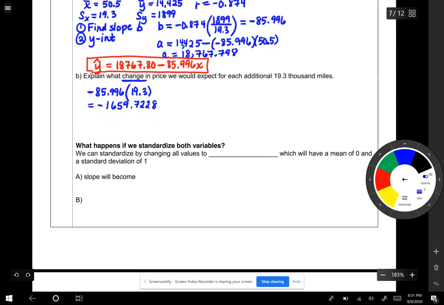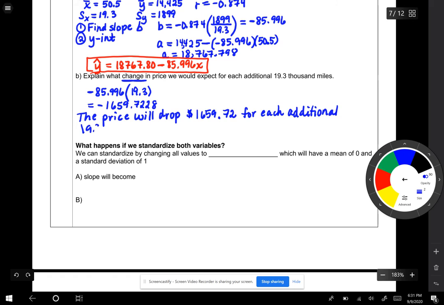To summarize that, the price will drop $1,659.72 for each additional 19.3 thousand miles.